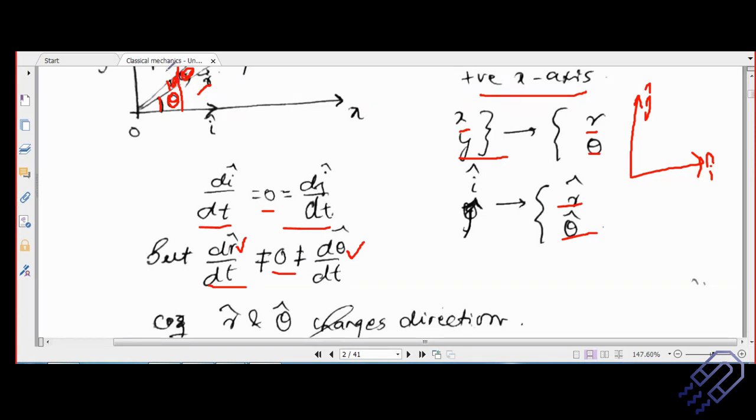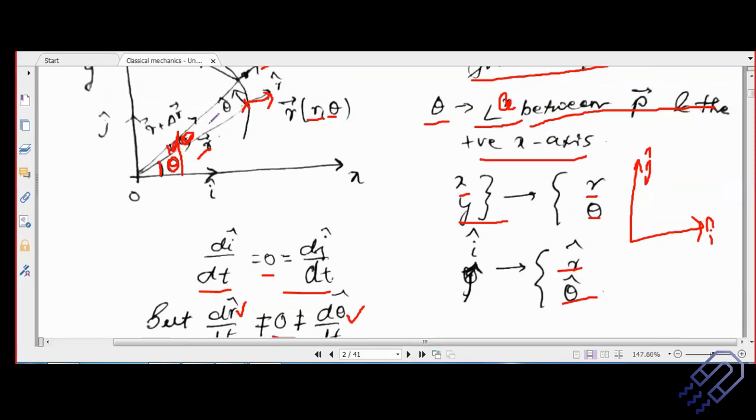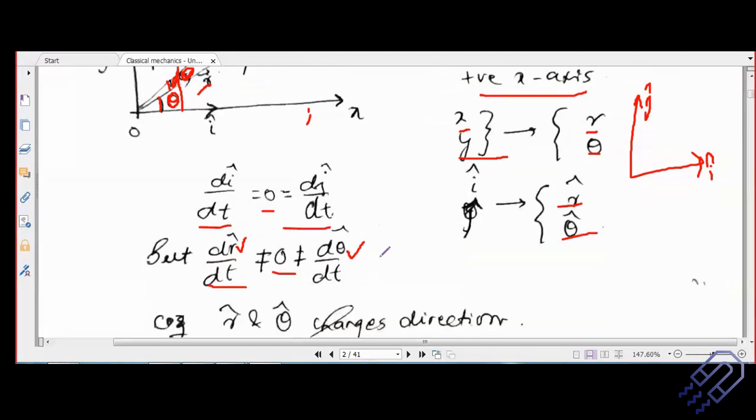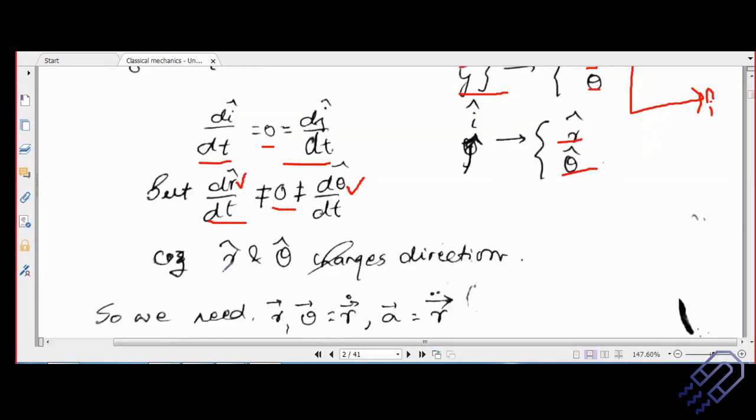So this theta will keep on changing here. But when we talk about i and j, i is along the x-axis and j is along the y-axis. That's all. It's not changing its direction. But here it is changing its direction. So in simple words, we cannot say that dr cap by dt is equal to 0. It won't be 0. The simple reason is the underlying factor: r cap and theta cap change direction. That's very important.